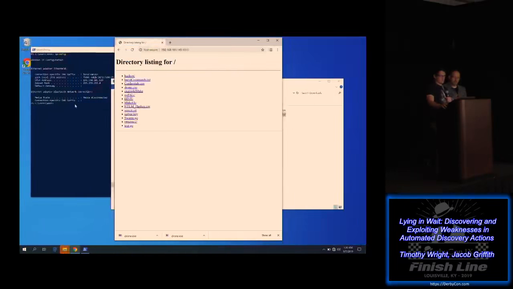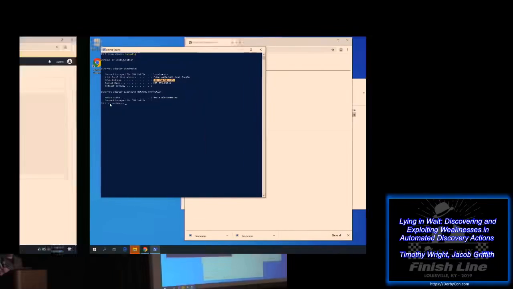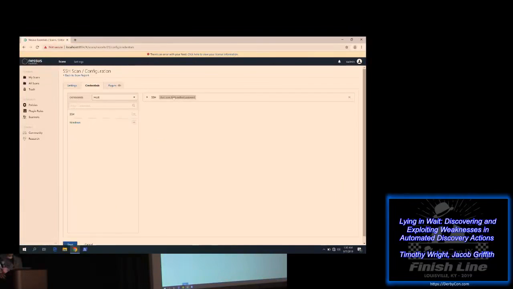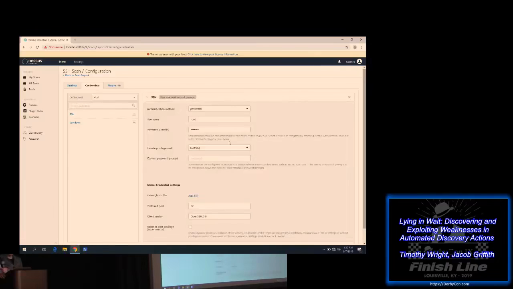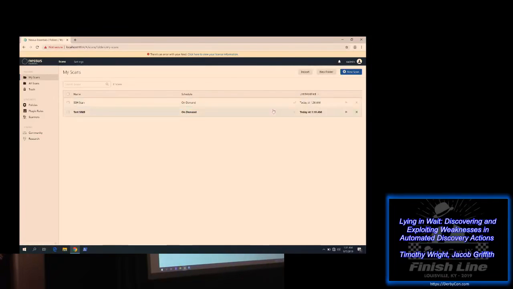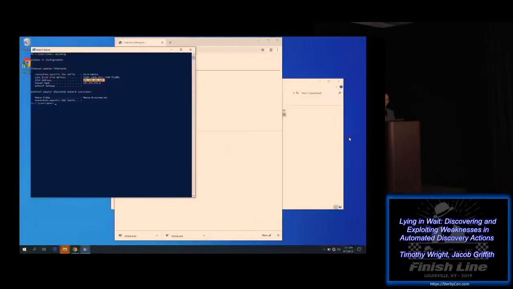There's the IP address. And there are the credentials I put in, name root. Kick off the scan here.